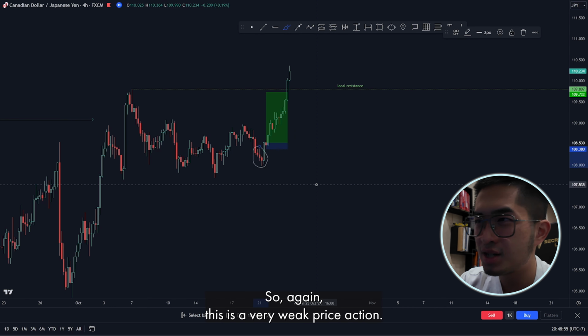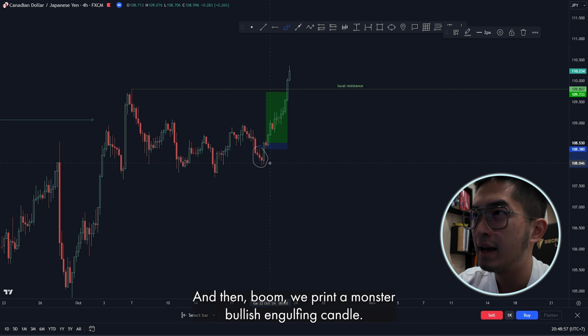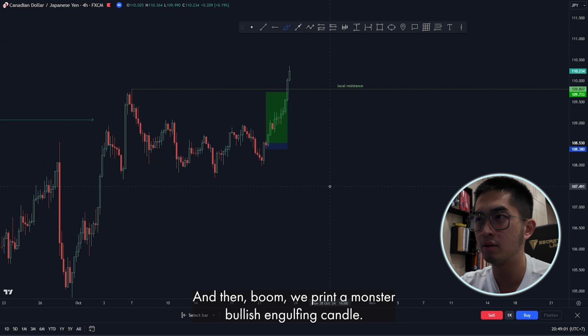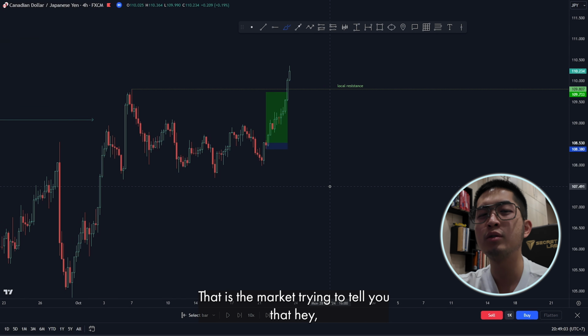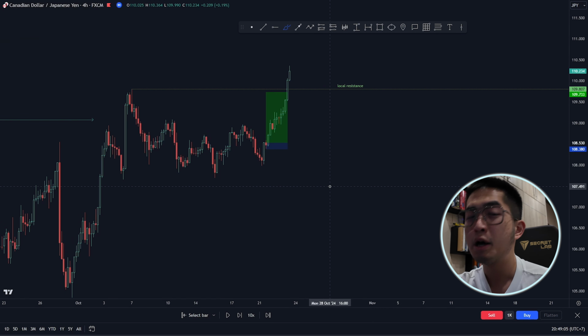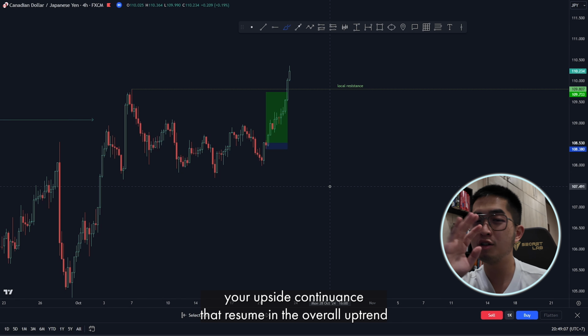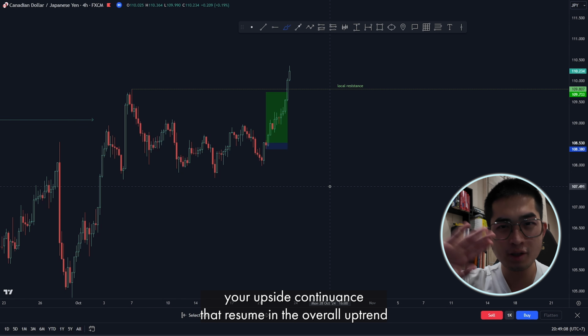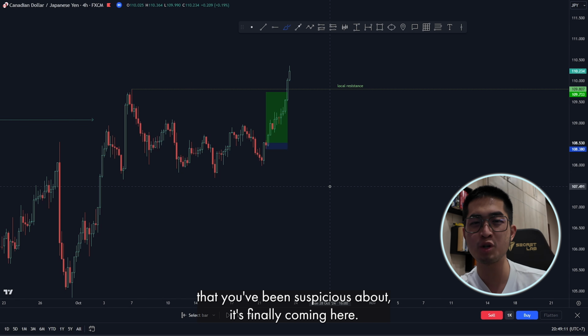So again, this is very weak price action, and then boom, we print a monster bullish engulfing candle. That is the market trying to tell you that the upside continuance, that resumption in the overall uptrend that you've been suspicious about, is finally coming here.